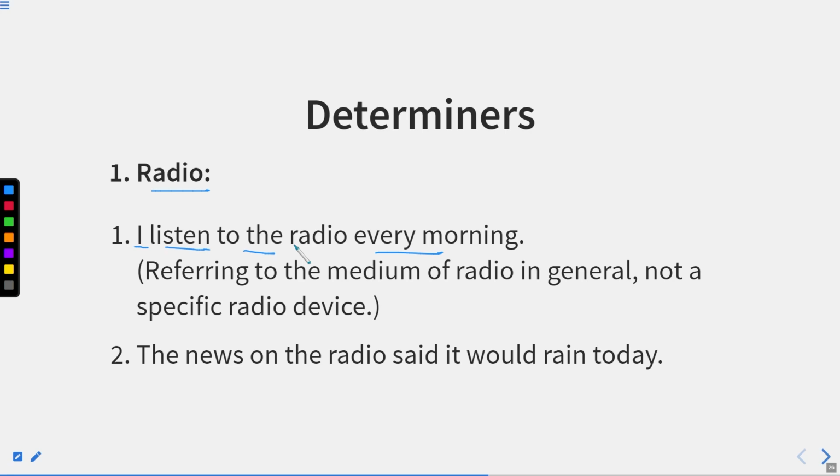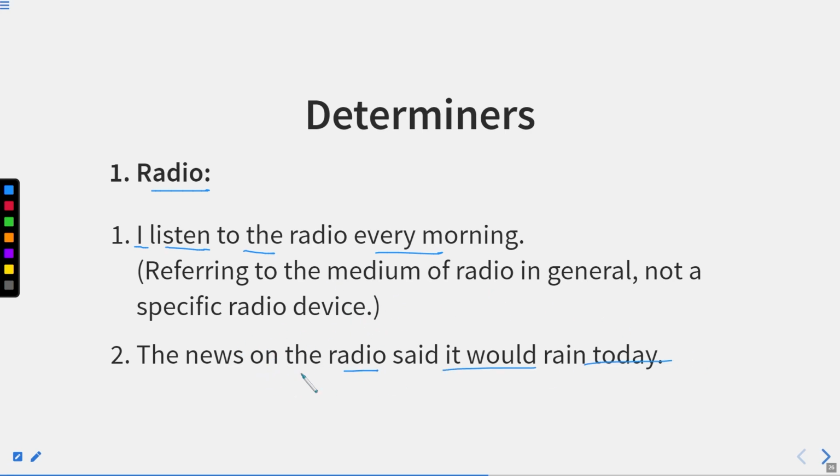I'm not talking about that particular device. I'm using the functionality of it. I'm using the function of that particular radio, as the means of that entertainment. So that is only the resource, and I can use the before it. But if I say the news on the radio, now here it is written, the news on the radio said it would rain today.